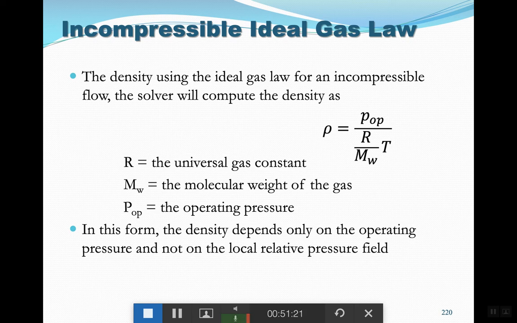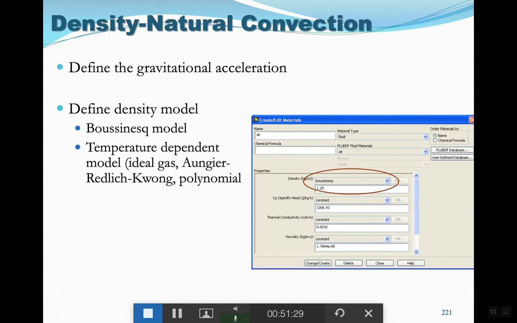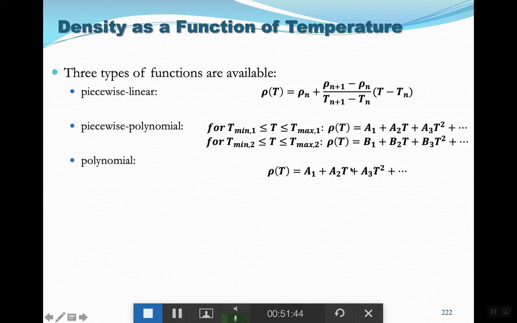It doesn't depend on the local pressures. Now, density for natural convection, this is what I explained already. You put on Boussinesq and give the value for beta, and of course don't forget about gravity.